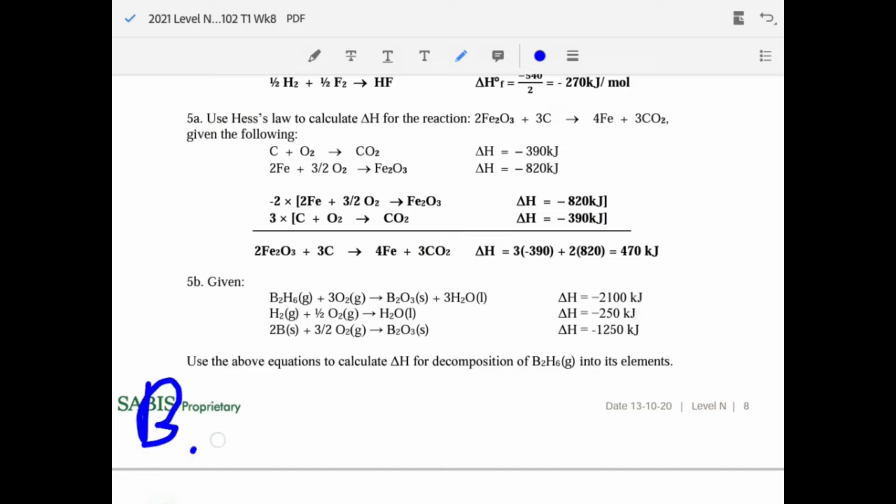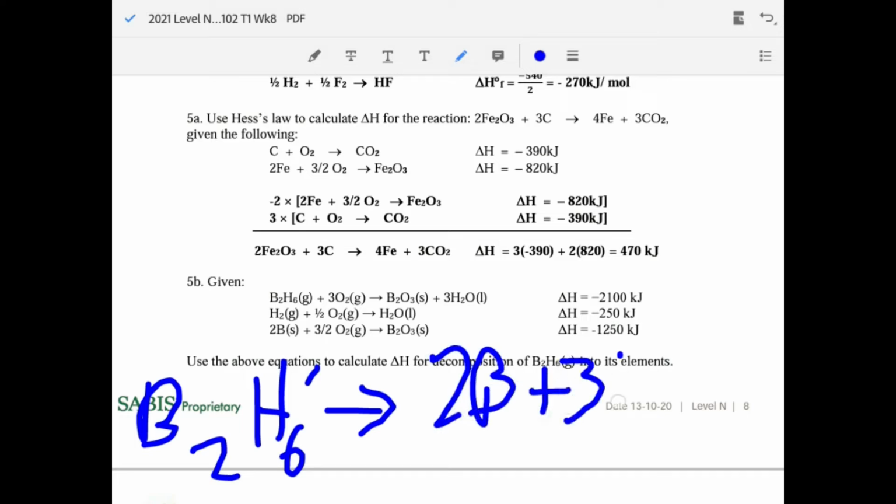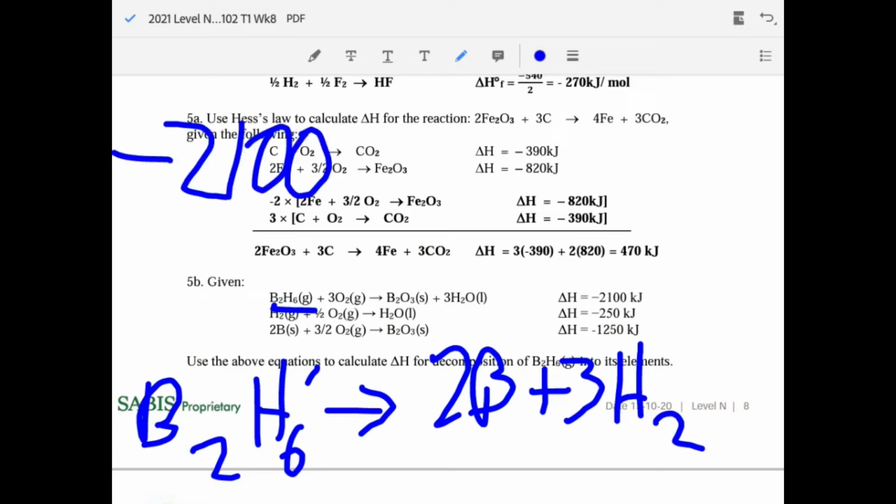So again, B2H6 split into 2B plus 3H2. So you start off with B2H6, so it's just one of that, so it's minus 2100, and then you have next H2 but on the other side, so you need one of that and three of that, but on the other side, so it's minus 3, so plus minus 3 times minus 250.